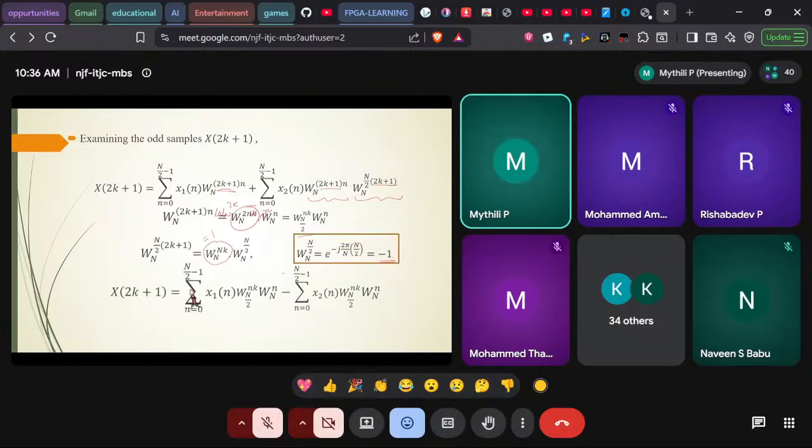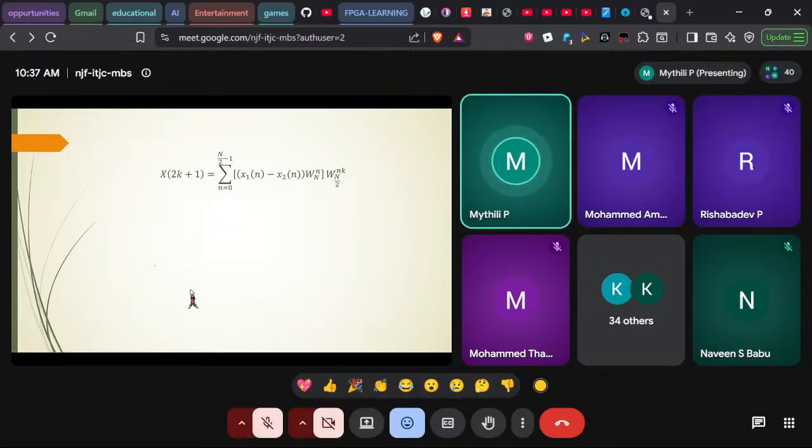So you can see our expression becomes a subtraction because of this conjugate symmetry. You get a minus sign here. Now you can combine them together: x1 of n minus x2 of n, with each term common.